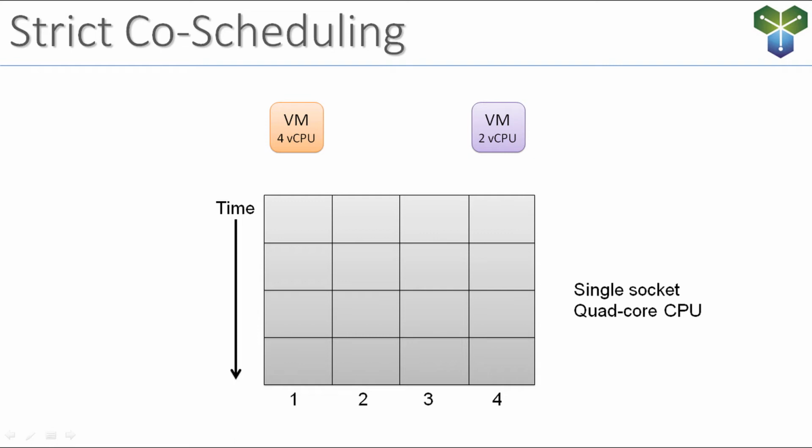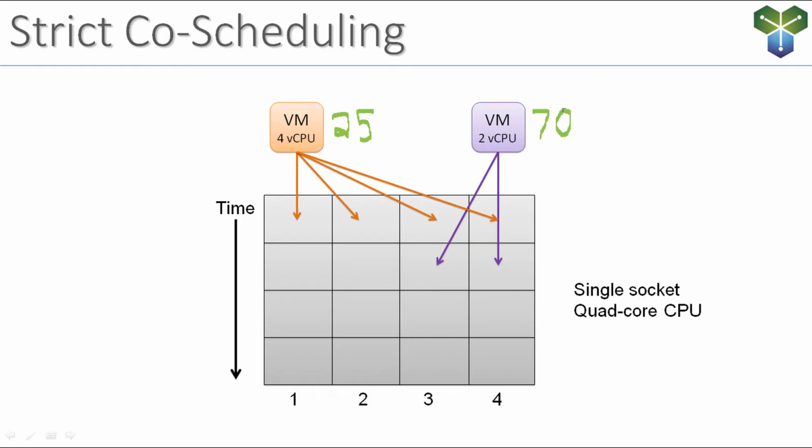There's another way that you can potentially relieve some of this contention. So let's say in this scenario, my orange VM is configured with 4 virtual CPUs. But my orange VM is currently using about 25% of the CPU resources that have been allocated to it, and maybe VM2, my purple VM, is using something closer to 70%.